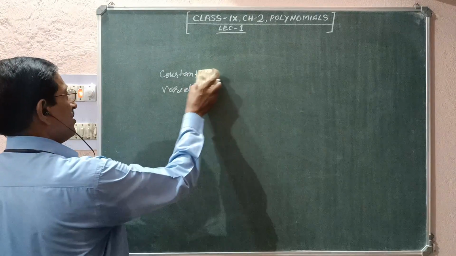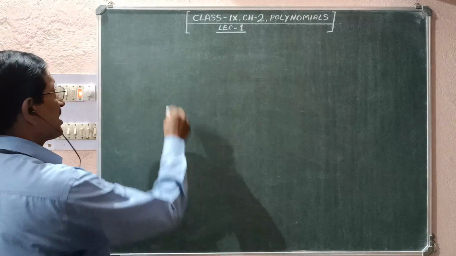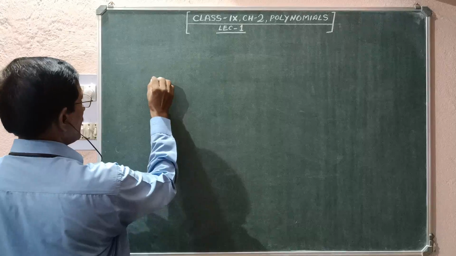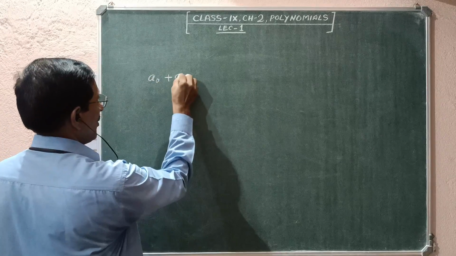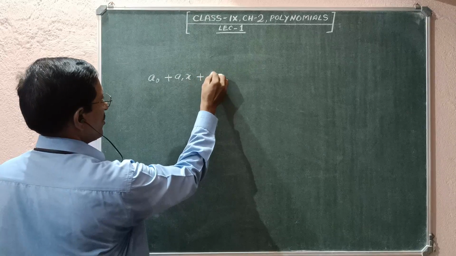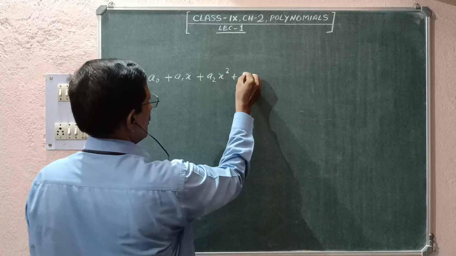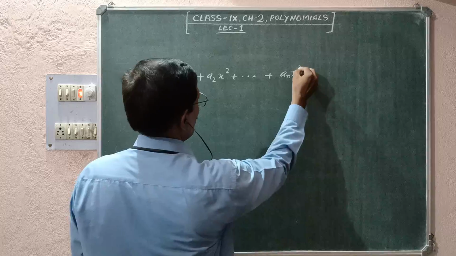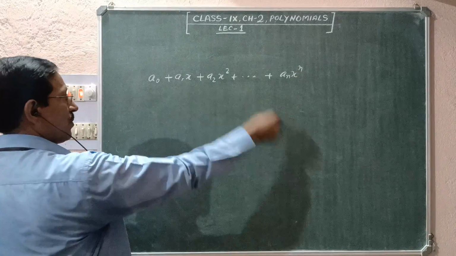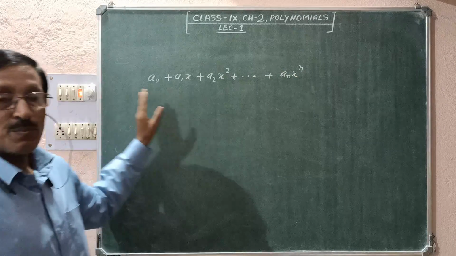In this class, we are going to study an expression in the form of a0 plus a1x plus a2x square plus ... plus an x to the power n. Such types of expressions are known as polynomial.